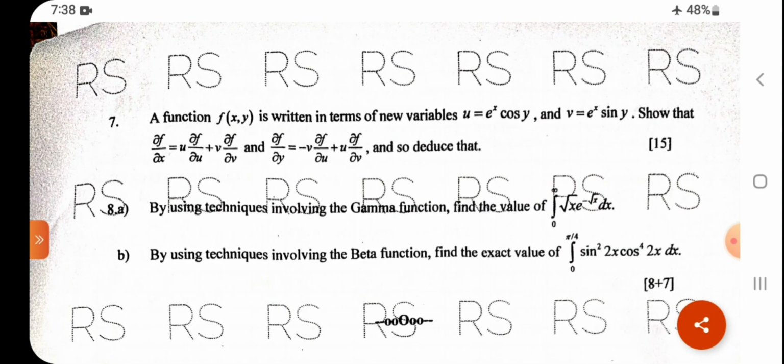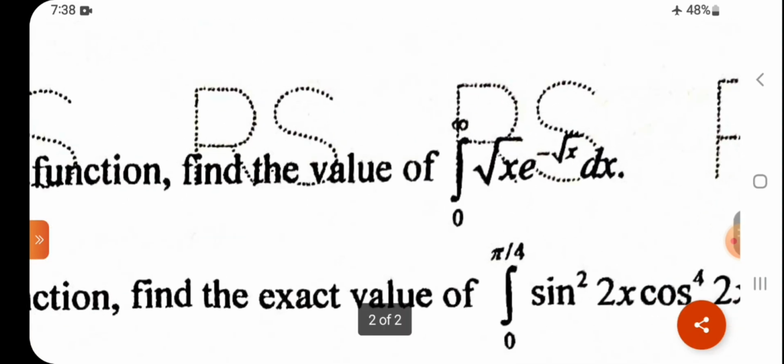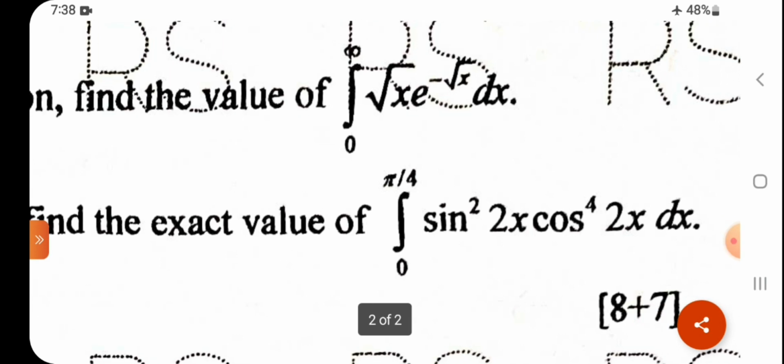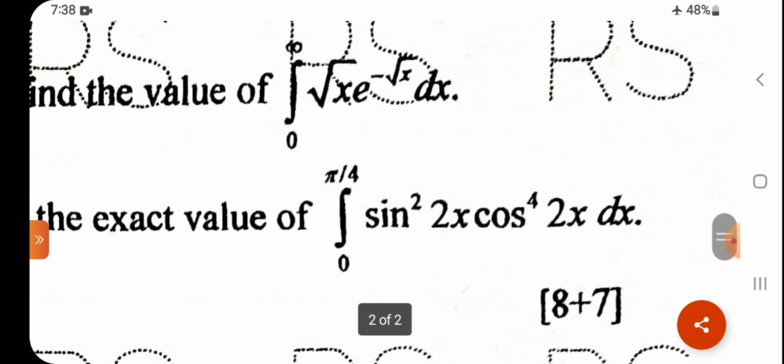Eighth b bit: by using the techniques involving the beta function, find the exact value of the integral from 0 to pi by 4. Here it is given sin square 2x and cos square 2x. Sin square theta can be taken as 1 minus cos 2 theta by 2. Similarly cos square can be taken as 1 plus cos 2 theta by 2.